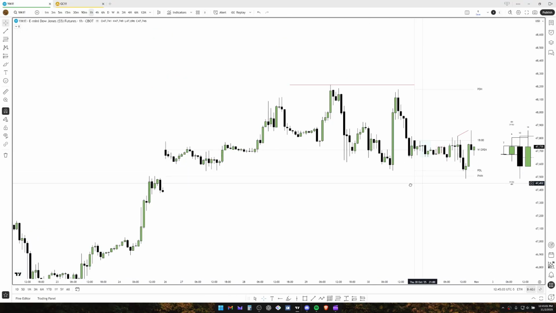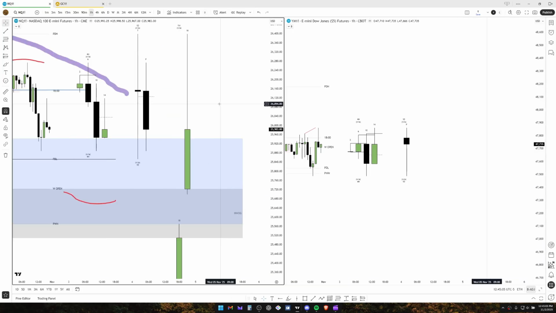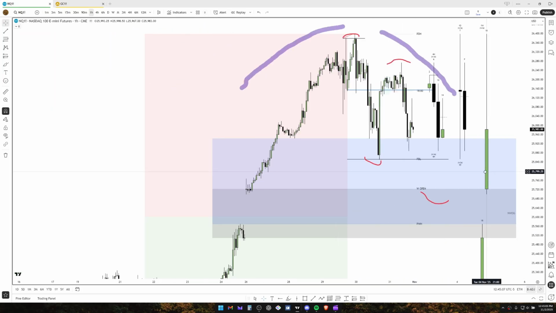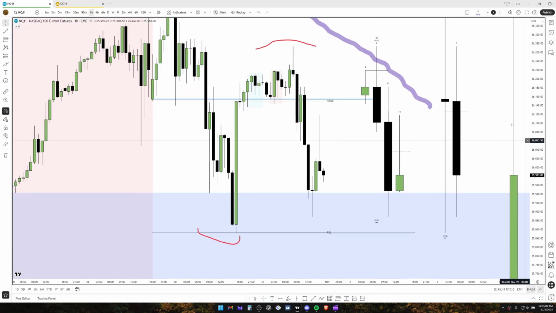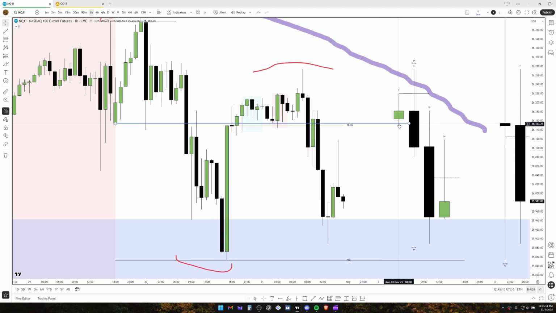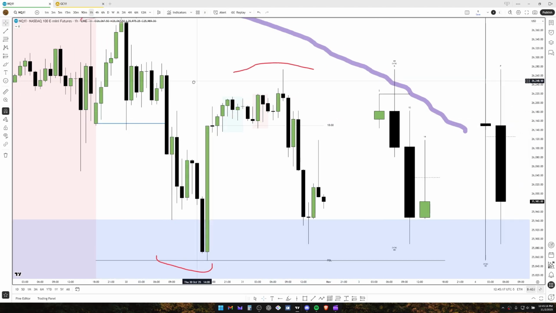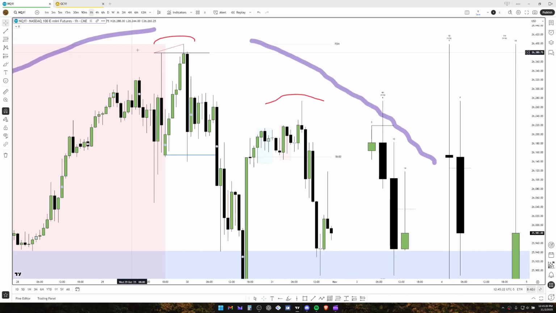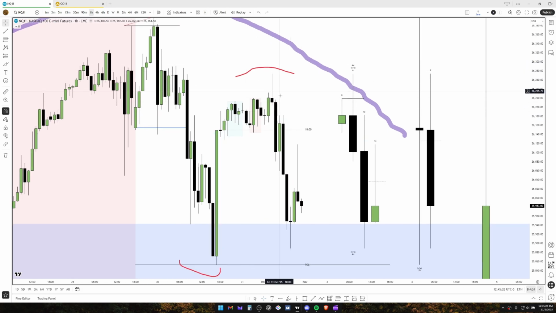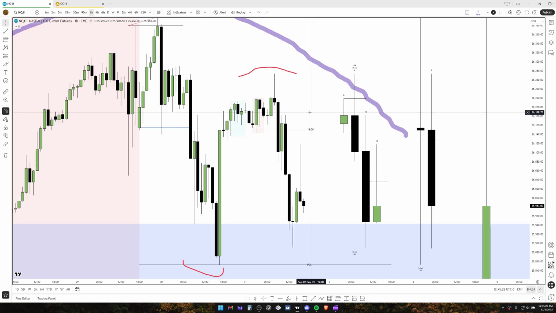So when we looked at 10 a.m., I'll put this here. We have a first stage SMT here, and then we have the second stage SMT here on the sell side.